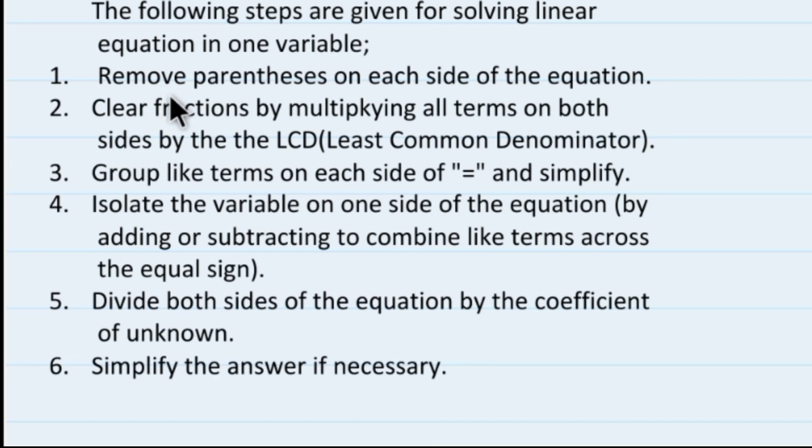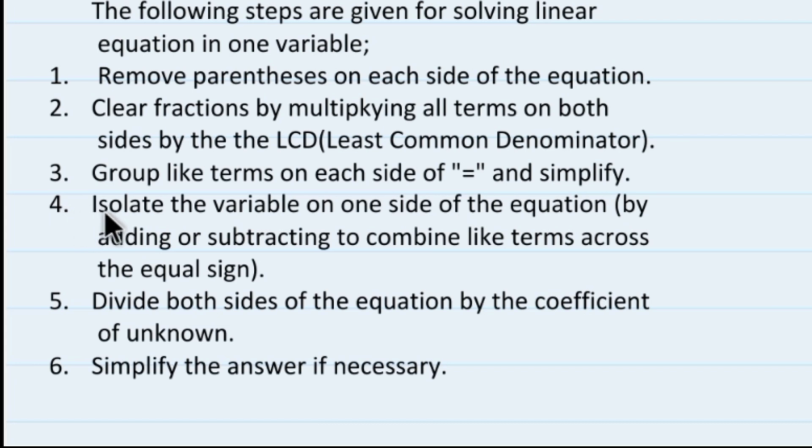Since in the first example there are no parentheses, no fractions, and no like terms on each side of the equation, we do not need to follow these first 3 steps. However, in the next example we have to follow all these steps, but we start by simplifying from simple equations.